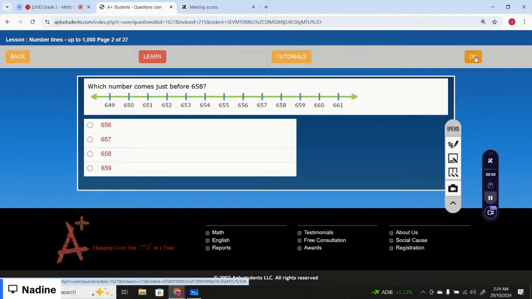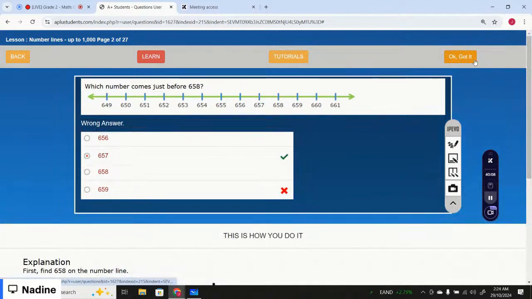So just find the 658 on the number line and look at the right hand side. So there you have 659. The next number is 659. Oh, just before, yes, that is 657.